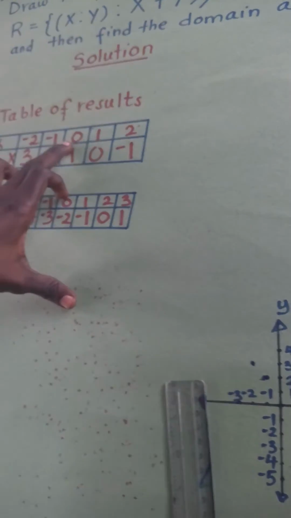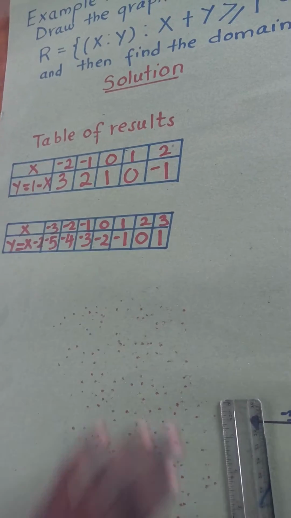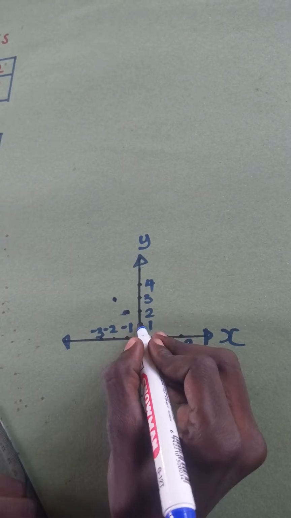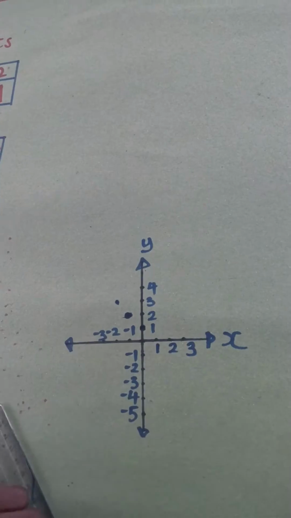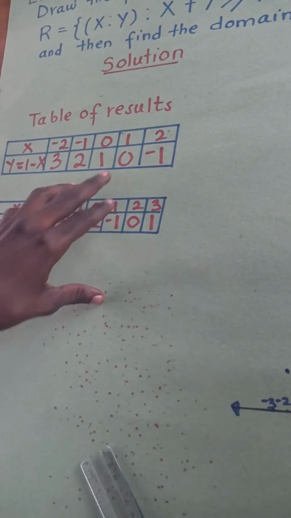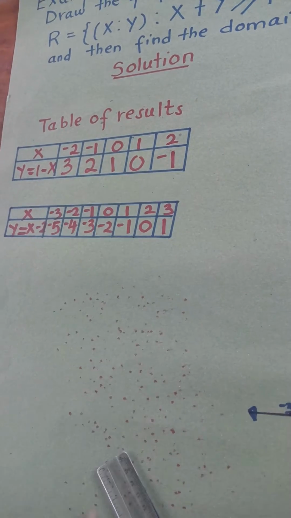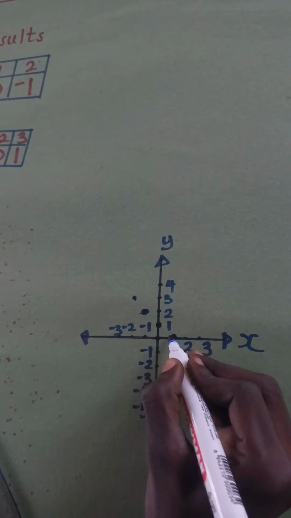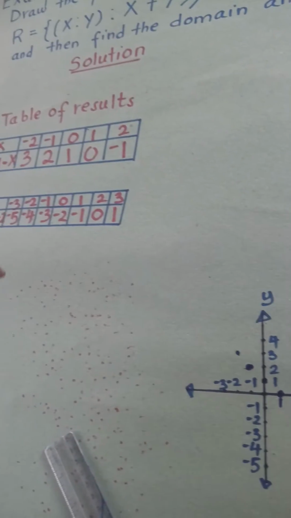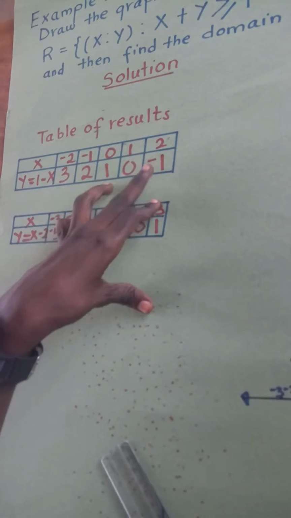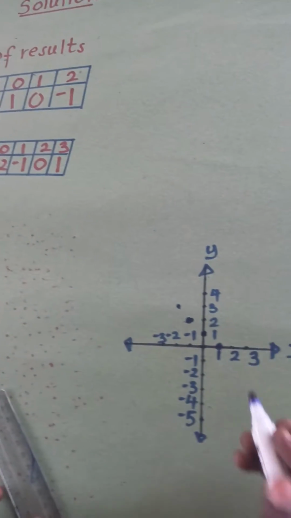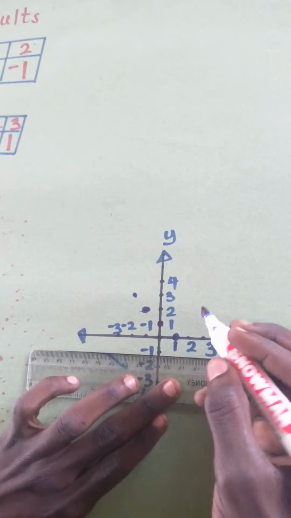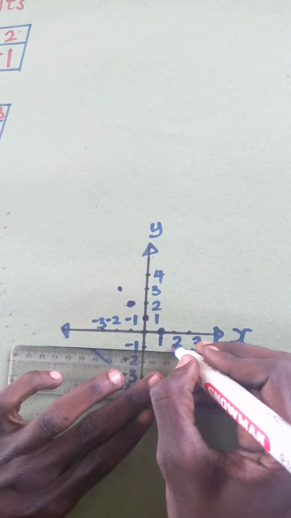When x is equal to 0, y is equal to 1, which is here. When x is equal to 1, y is equal to 0, which is here. When x is 2, y is negative 1, which is here.